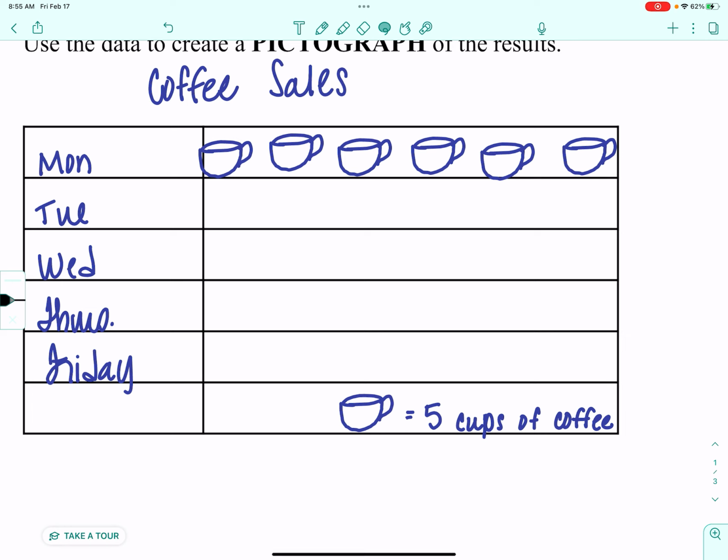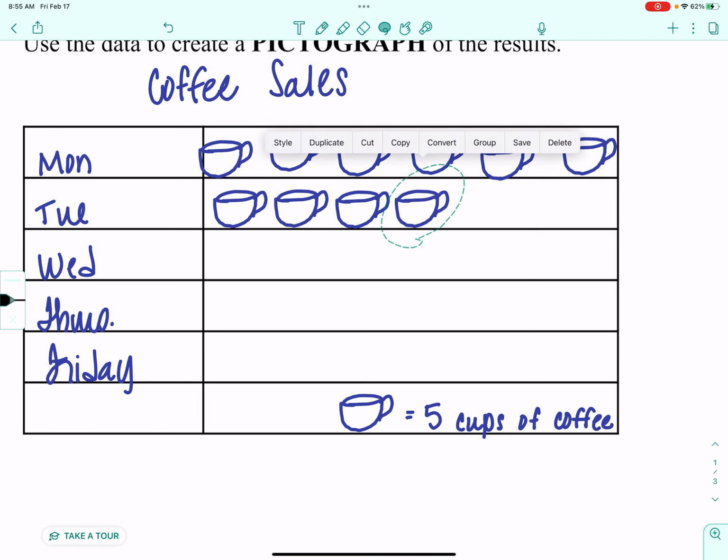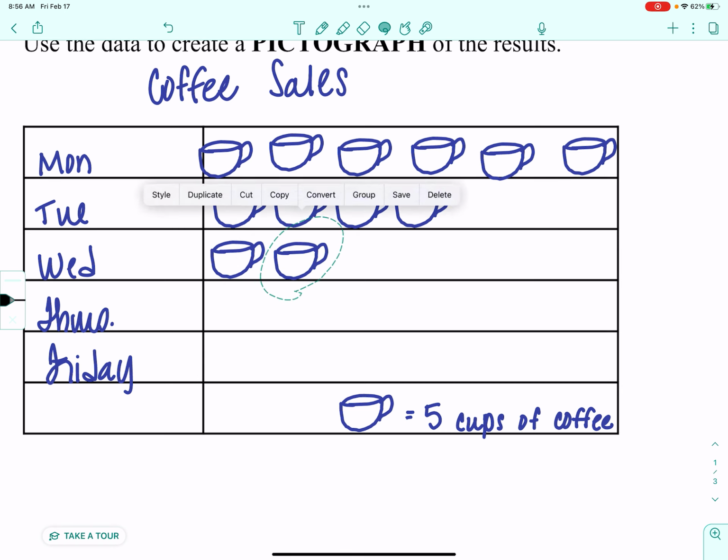Tuesday, he only sold 20 cups. So that means I need 4 of these guys. So there's 5, 10, 15, 20 coffee cups. For Wednesday, he only sold 15. That means I need 3. 10, 15.